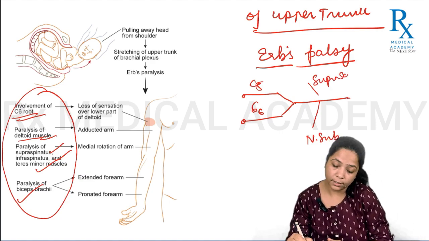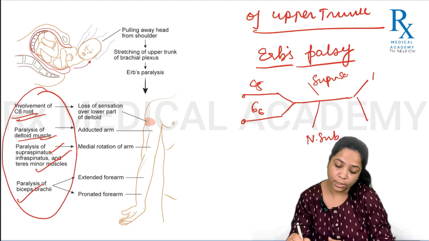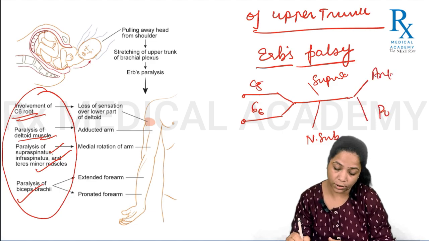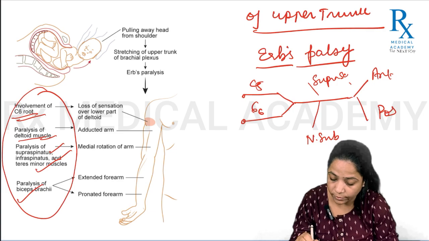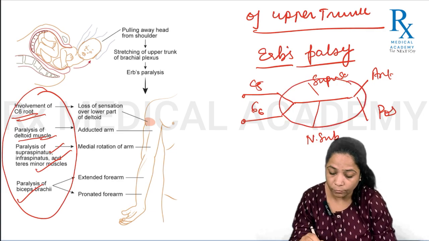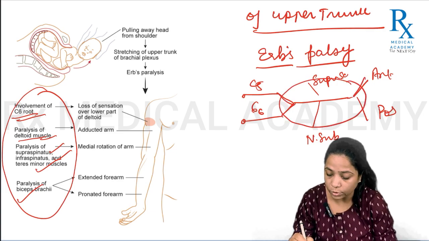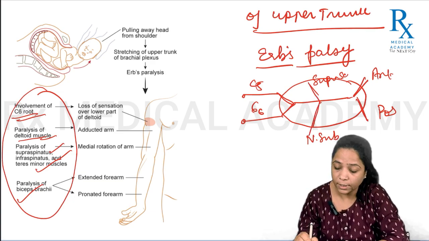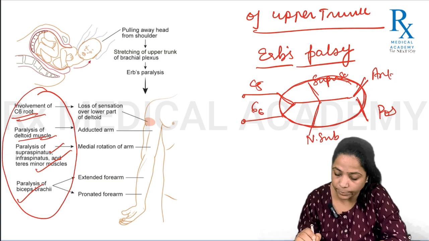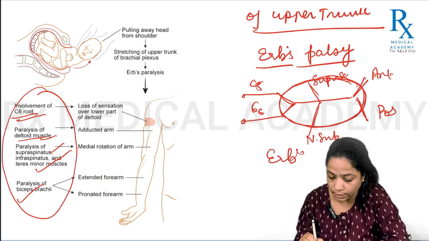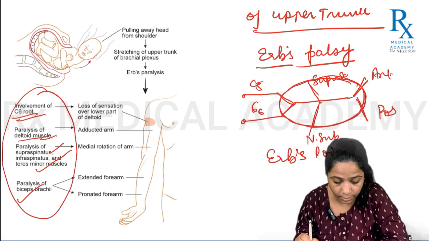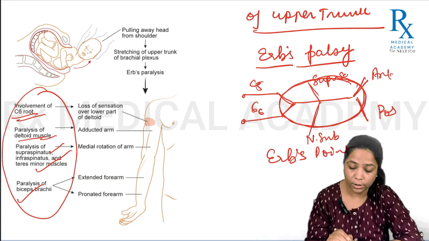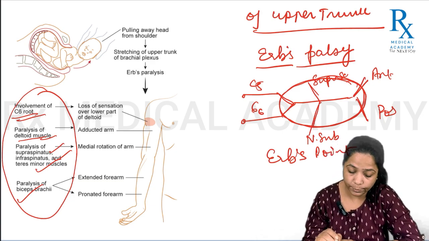Then again this upper trunk divides into the anterior division and the posterior division. So at this point you can find six nerves: two from the roots, two for the divisions, and one each for the subclavius and the suprascapular nerve. This point where six nerves meet is known as Erb's point. So these muscles get involved in Erb's palsy.